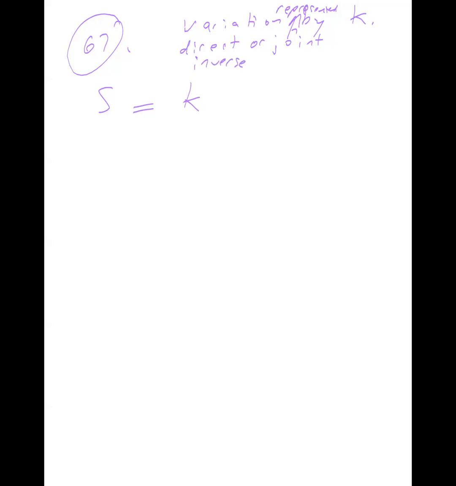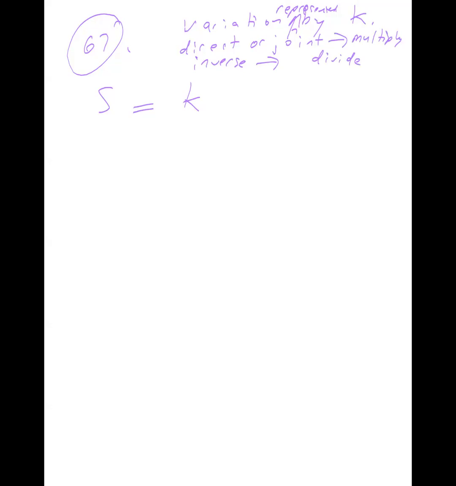Direct and joint variation both mean multiply. Inverse variation means divide. So variation is represented by K, direct or joint is represented by multiply, and inverse is represented by divide.